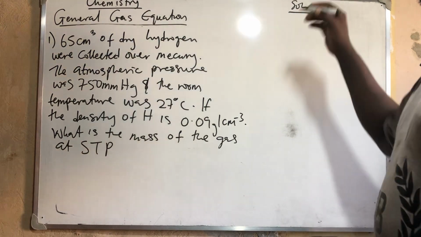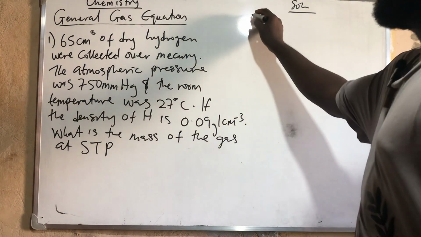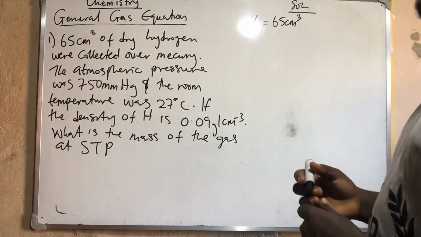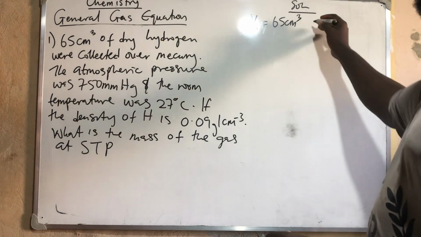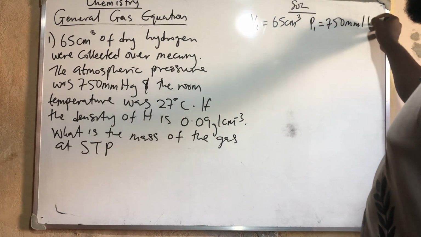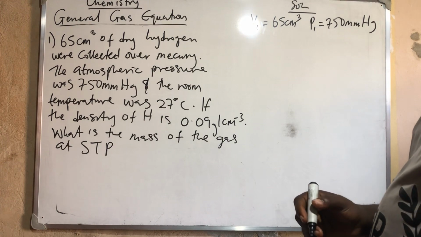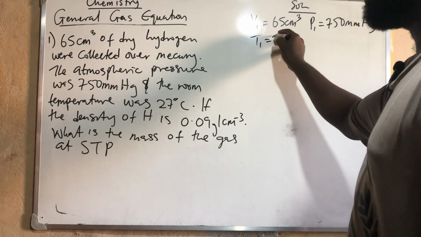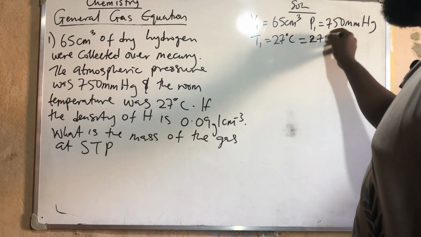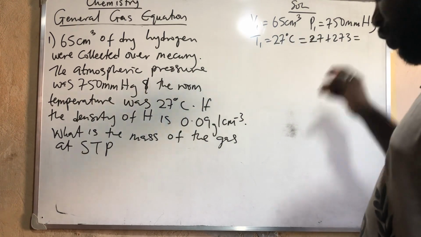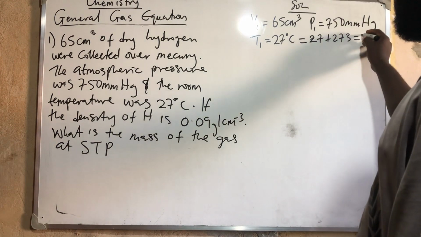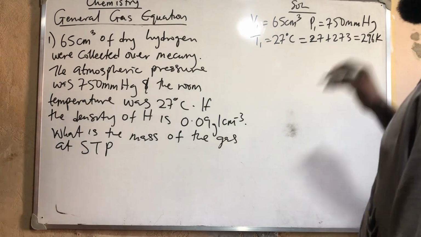Solution: the first thing we need to get is the volume, V1. V1 is equal to 65 cm cube. The gas was collected over the first pressure, which was 750 millimeter mercury. The next thing they gave us is the room temperature, T1 is equal to 27 degrees Celsius, which is 27 plus 273, giving 300 Kelvin.